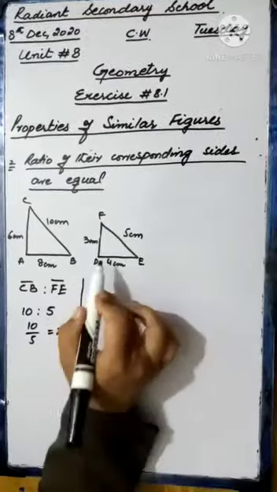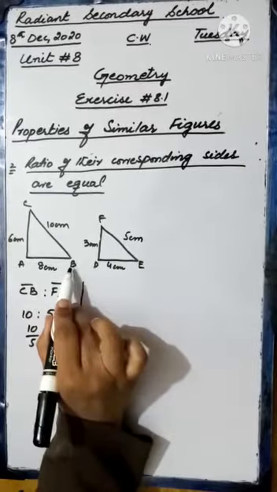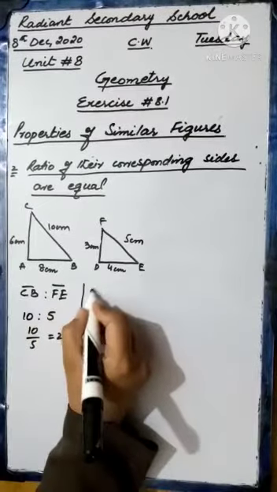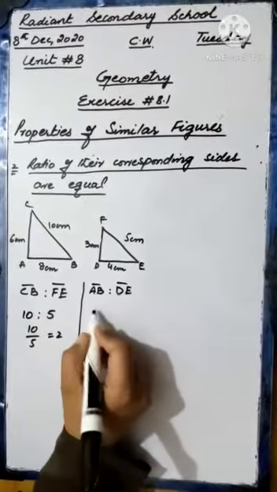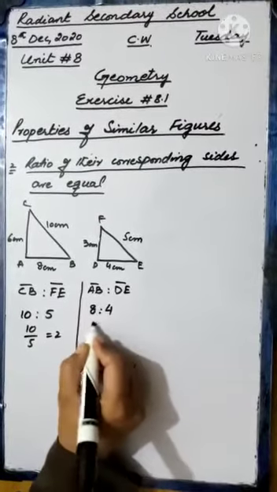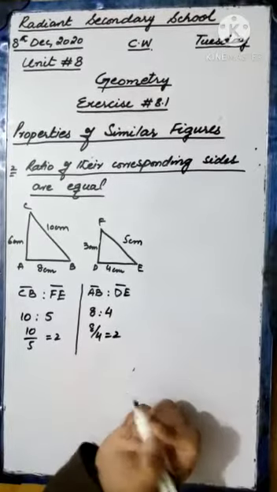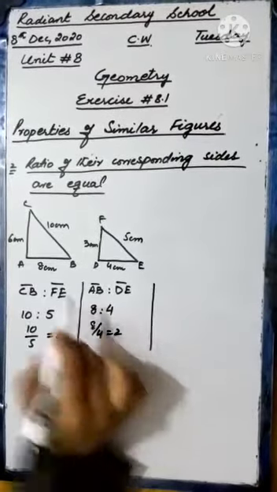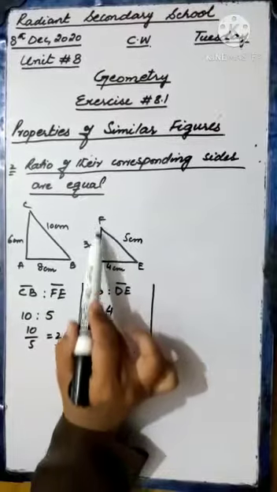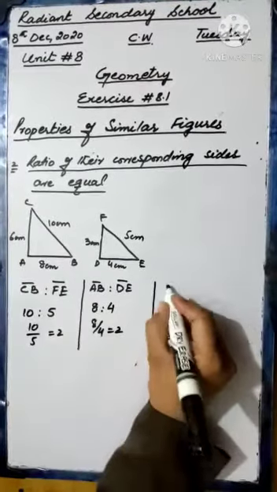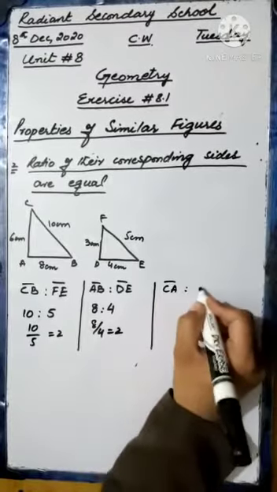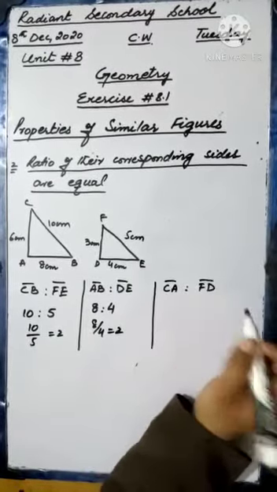Okay, now check the next ratio. AB, its corresponding side is DE. So now we will check its ratio. AB to DE is 8:4, which is also equal to 2. Now we will check the third side. Third, FD. The corresponding side of FD is CA. We can write CA to FD.